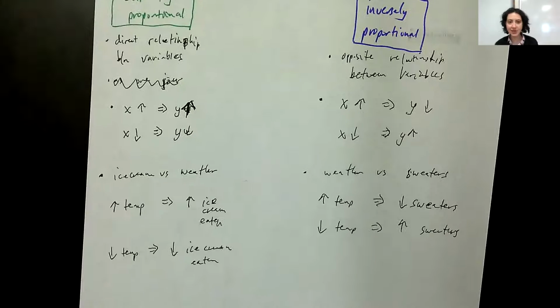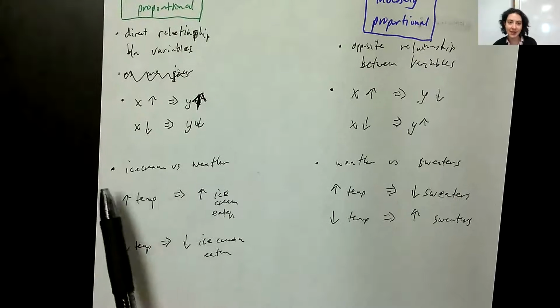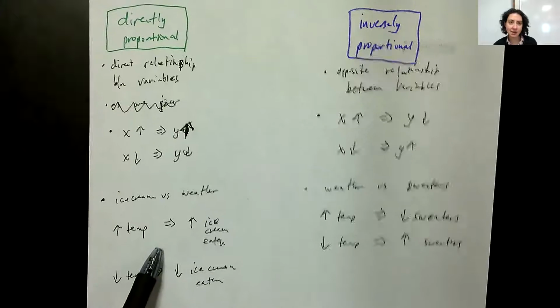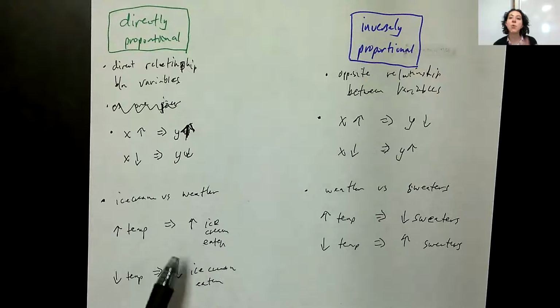So an example I like to use for this one is the weather outside versus how much ice cream people eat. So as the outside temperatures rise, people eat more and more ice cream. As the temperatures go down, people eat less and less ice cream because it's cold.